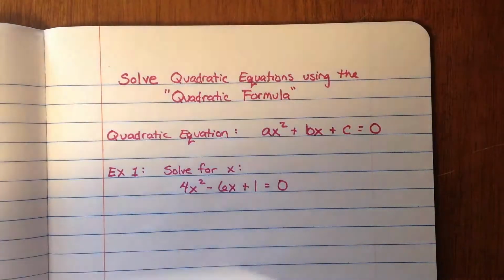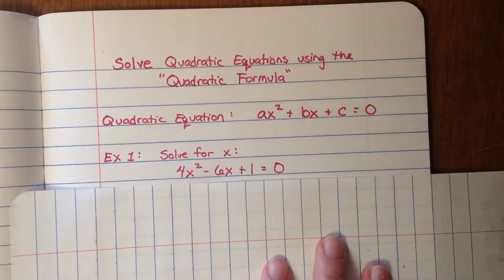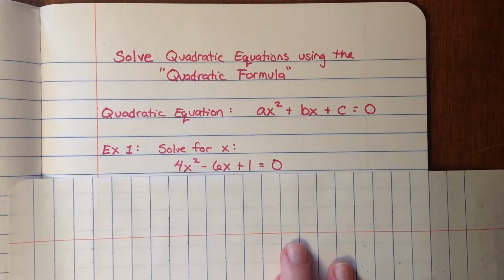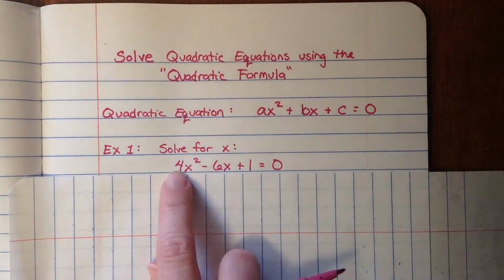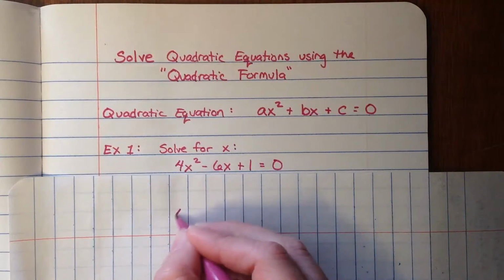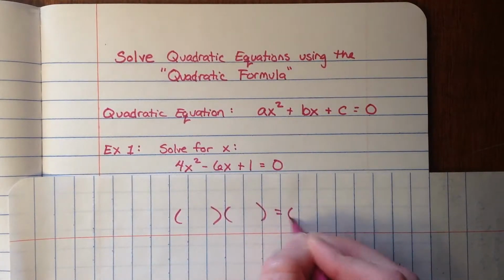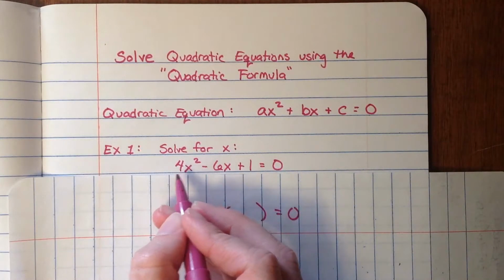Now, last week, here's what we would have said, and I'm going to get a separate sheet of paper here, and you can write this down if you want to, but I'm going to do it on a separate sheet of paper because this is what's not going to work. Last week, we would have looked at this and said, okay, this equation needs to be factored. I need to figure out something times something else and set it equal to 0. I look at this and say, well, there's a value out here, my a value.